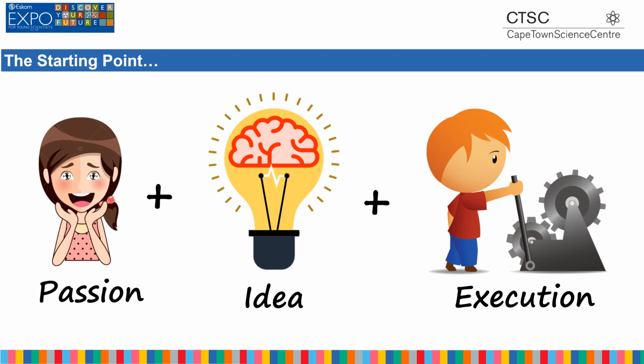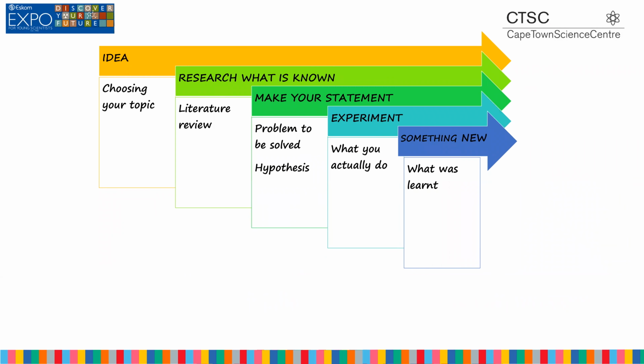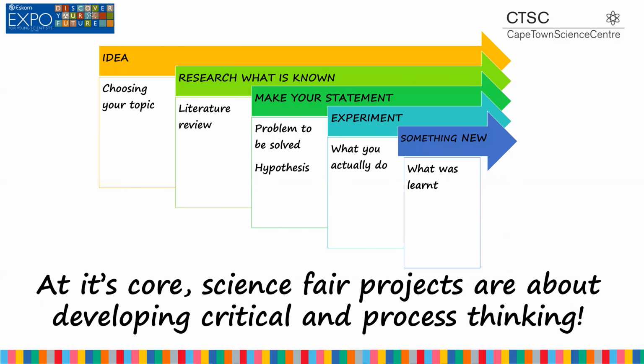So let's break down how to go from this idea all the way through to the project. And we have this flow that can actually guide you. The thing that I want you to remember, regardless of the ideas and how you construct them, is what Expo is about at its core. At its core, it's really about developing critical thinking and process thinking.